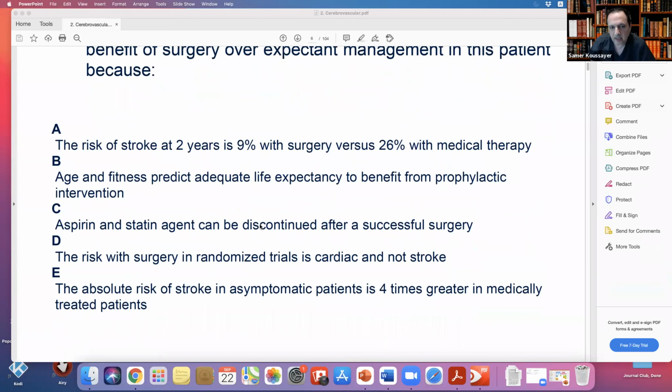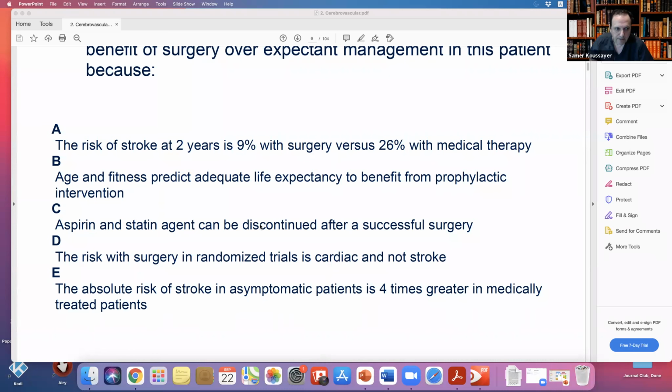We didn't look at the cardiac. When cardiology came on board and started advertising for stenting, they started looking at the cardiac because they wanted to balance the high risk of stroke with the stent. But in the ACAST studies they were looking only for stroke. So in my trial, the main risk was stroke, not cardiac.